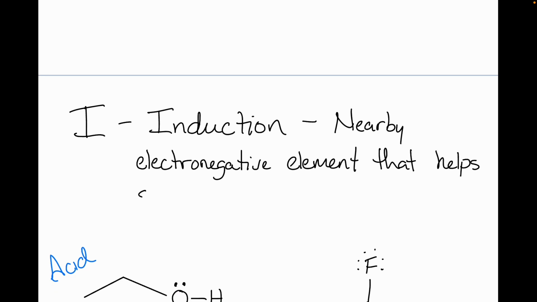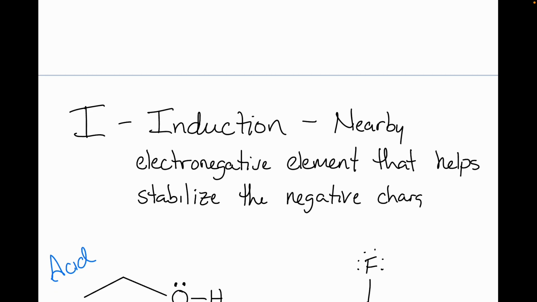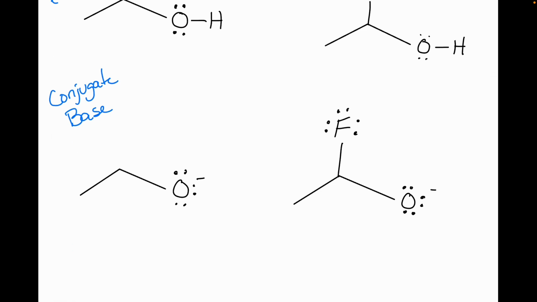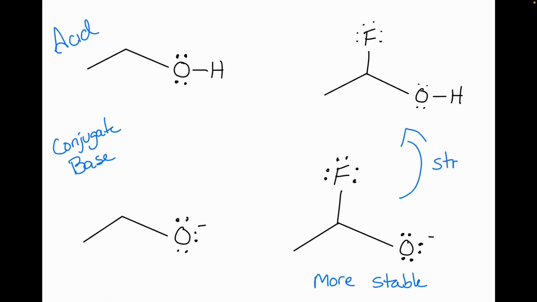And that helps stabilize the negative charge. So the presence of that very electronegative fluorine next door to that oxygen with the negative charge stabilizes it through induction. So this is more stable, which again implies that this is my stronger acid.